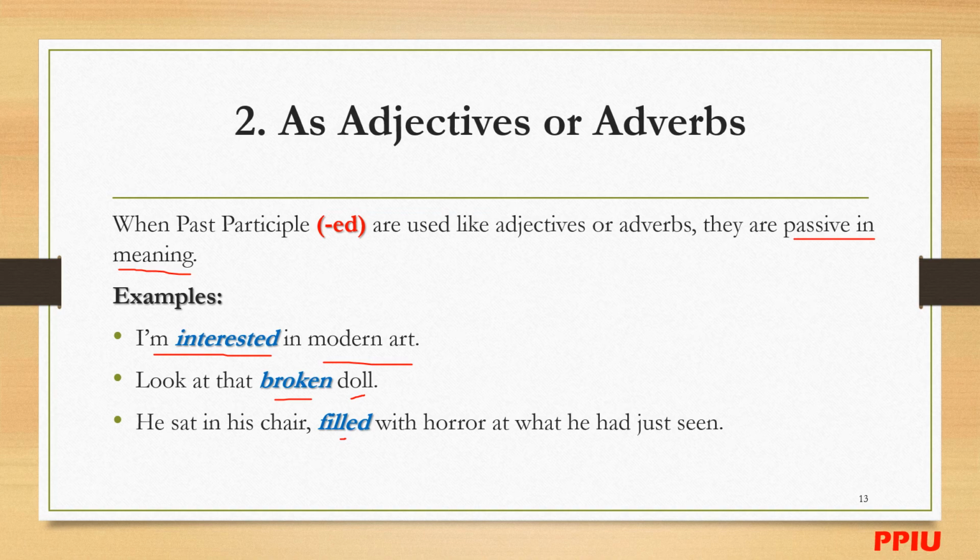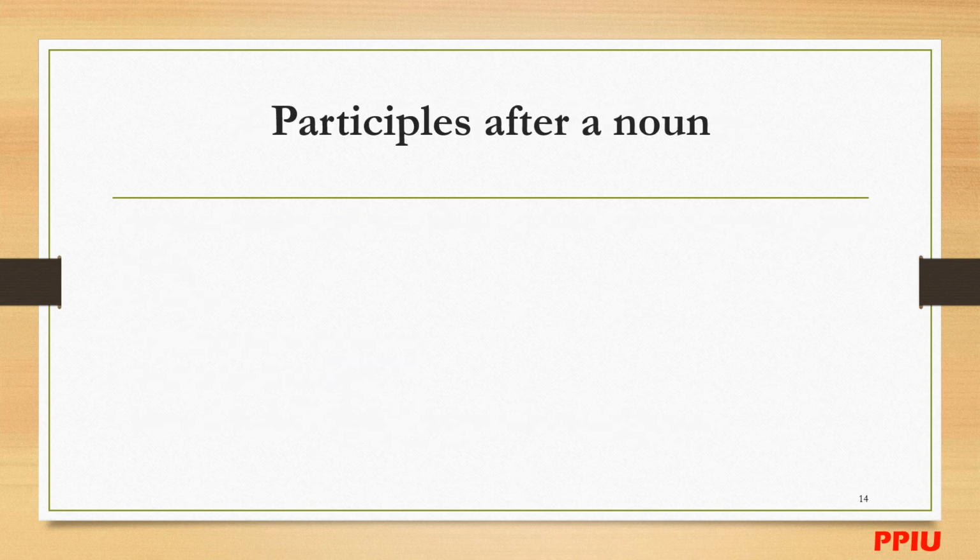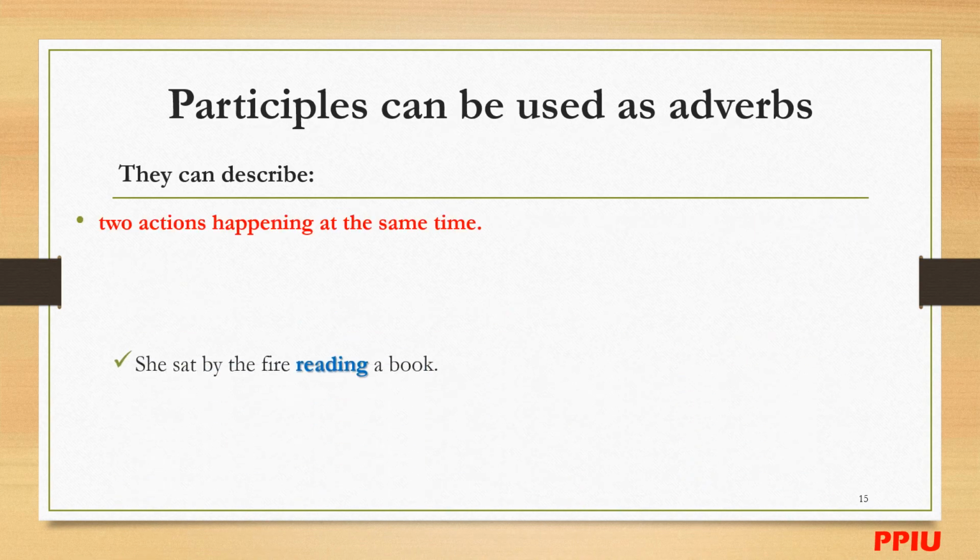So "filled with horrors" is the feeling that came from the horrible thing he had seen. He saw that and then he just got that feeling. It's passive in meaning here.